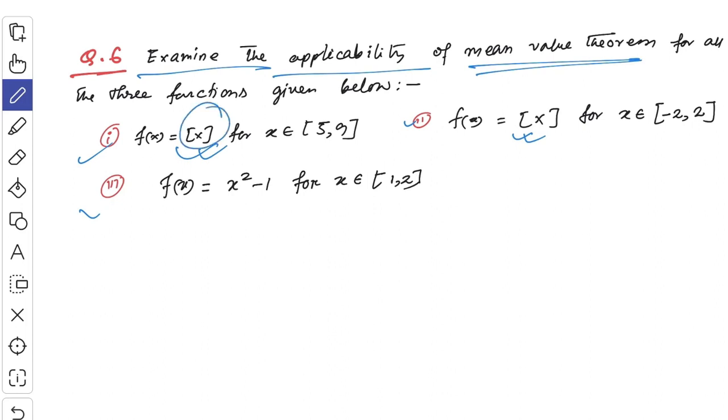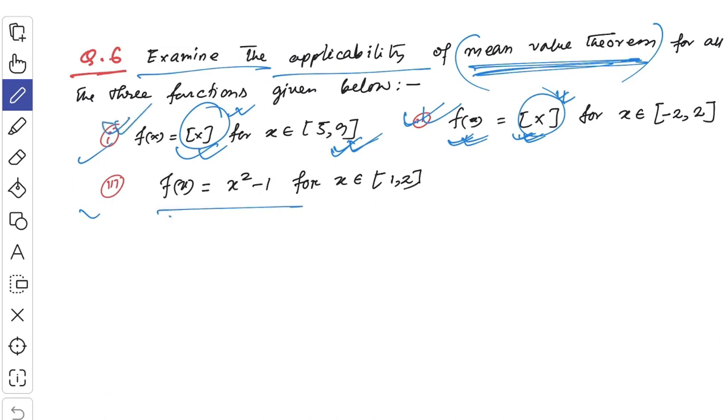So as these are greatest integer functions, they cannot be continuous and differentiable. So that's why here we cannot apply mean value theorem. I'm not going to write all those things, as already we have done such kind of functions to verify Rolle's theorem. So these two are not continuous and not differentiable in their domain. So first two conditions of mean value theorem are not satisfied by these two functions.